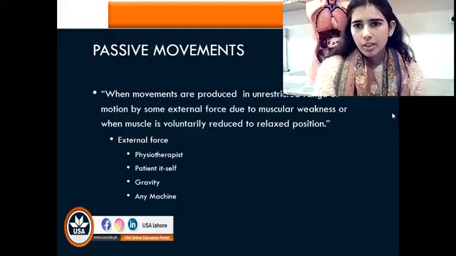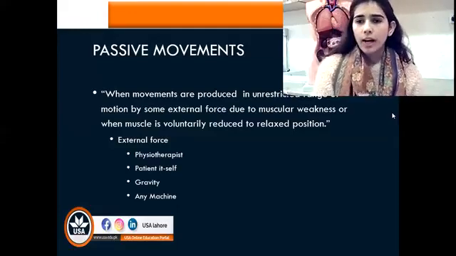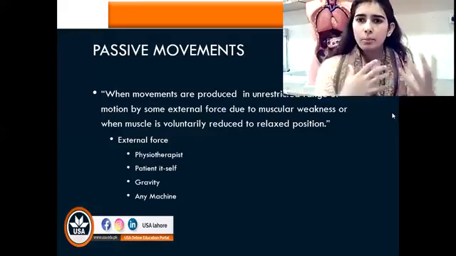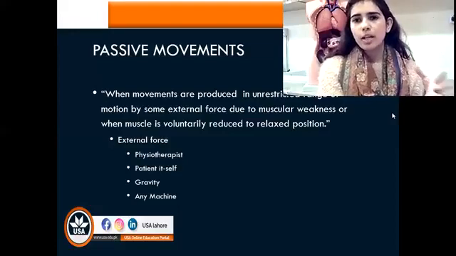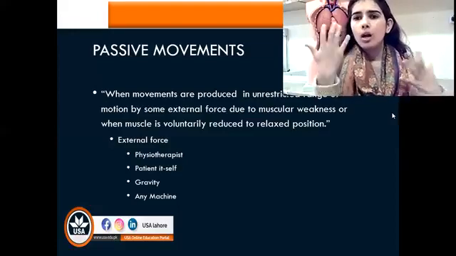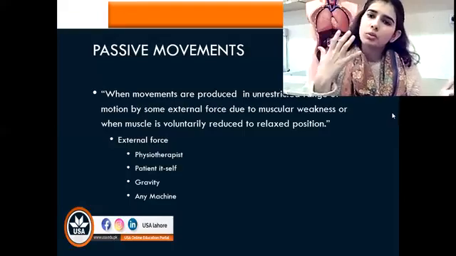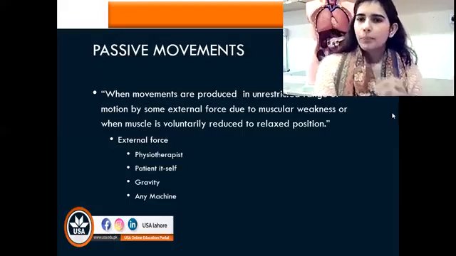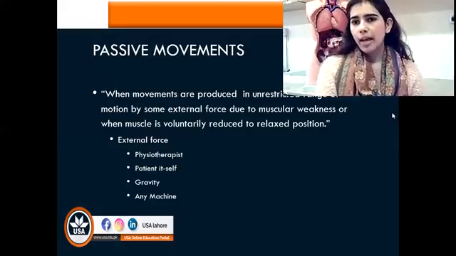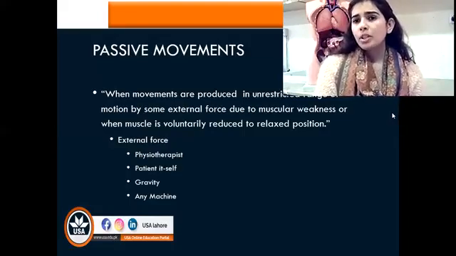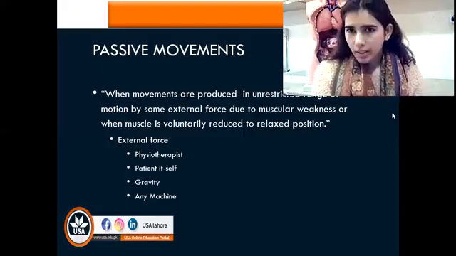Then comes gravity. Along with all the passive forces that are being produced by the therapist and the patient himself, gravity is also acting as an external force that is helping the patient to relax, or helping the range of motion to get completed. One example is when a patient is on the couch and we have to achieve elbow extension, or let's say shoulder extension.